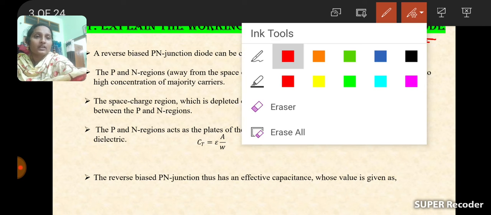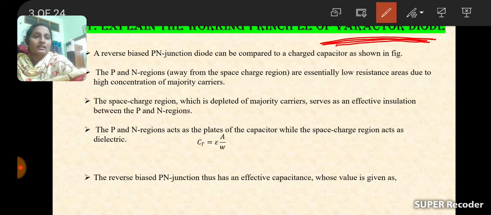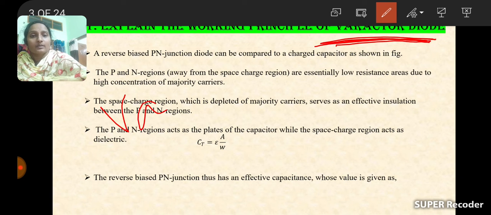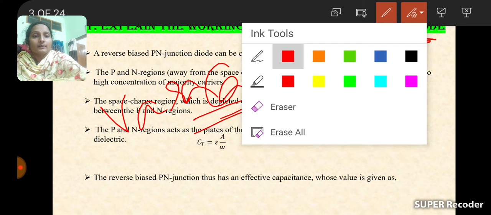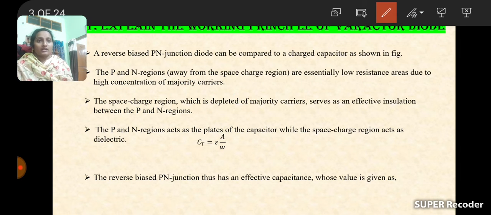Variable capacitance means the capacitance is varied according to the properties of the diode. That's why it is called varactor diode, variable capacitance diode.